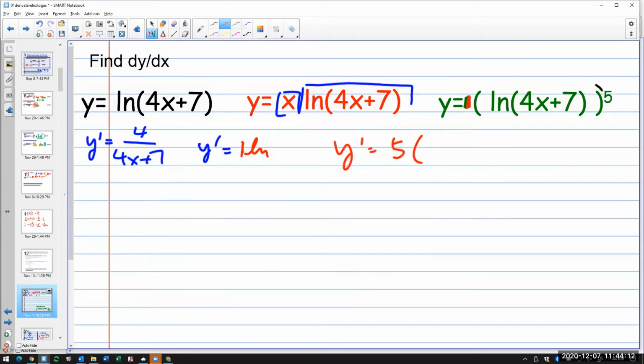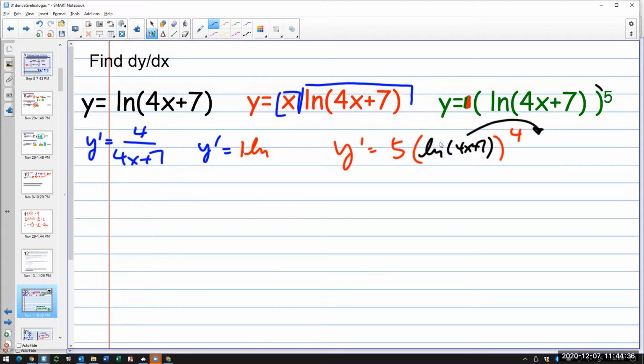5. Leave the inside alone, guys. Take the power down by 1, which is 4. Then the inside here is ln of 4x plus 7. Leave the inside alone. That means you just copy. Don't do anything to it. Then multiply by, do you remember what you multiply by?